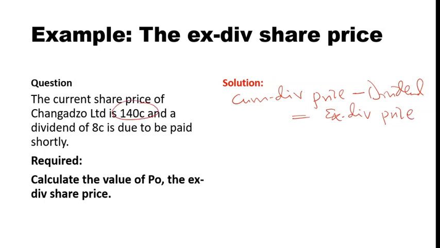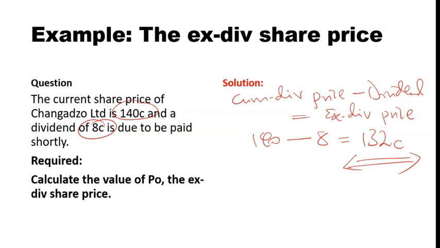So the cum-div is 140 minus the dividend that is to be paid, and we have 132 cents as the share price. This is our share price after we pay the dividend.